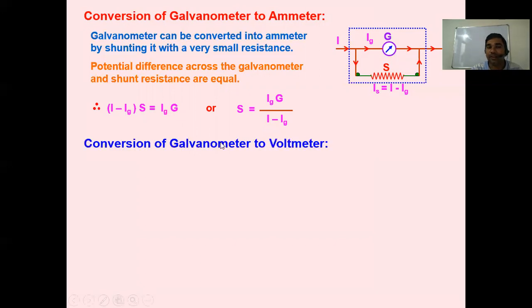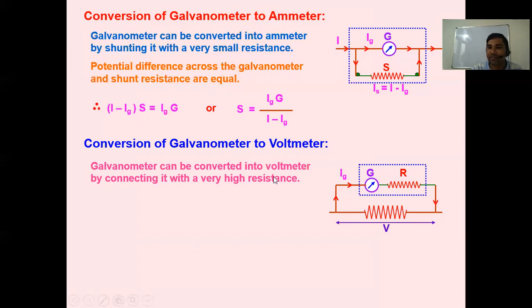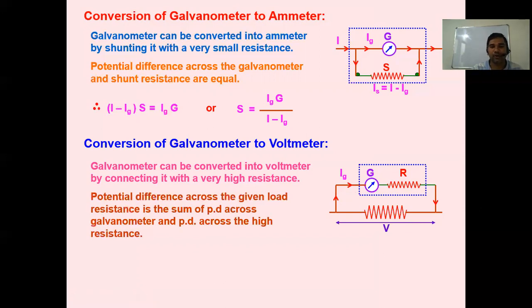Similarly, a galvanometer also can be converted into a voltmeter by connecting the galvanometer with a high value of resistor in series. Now, how exactly can we find this resistor value? The potential difference across the given load is the sum of the potential difference across the galvanometer and across the resistor, because they are connected in series.